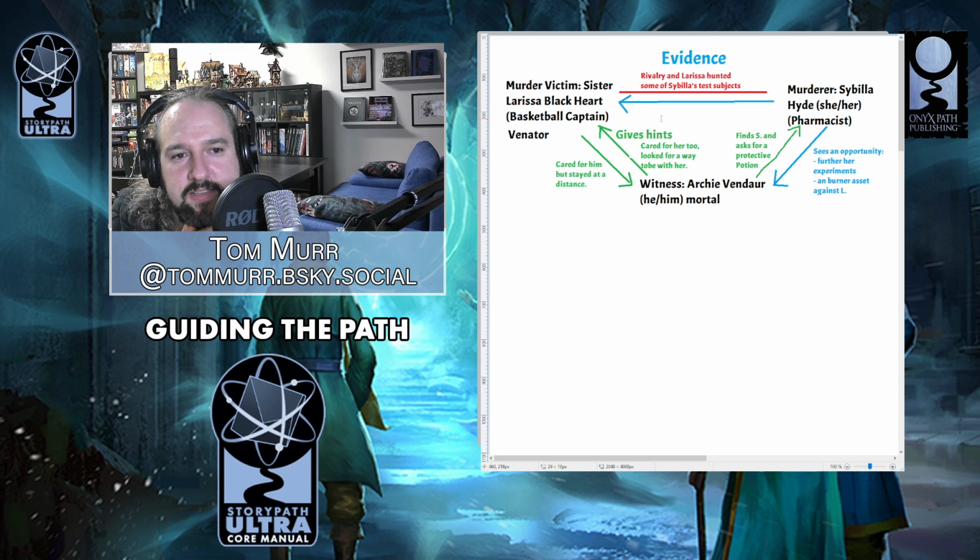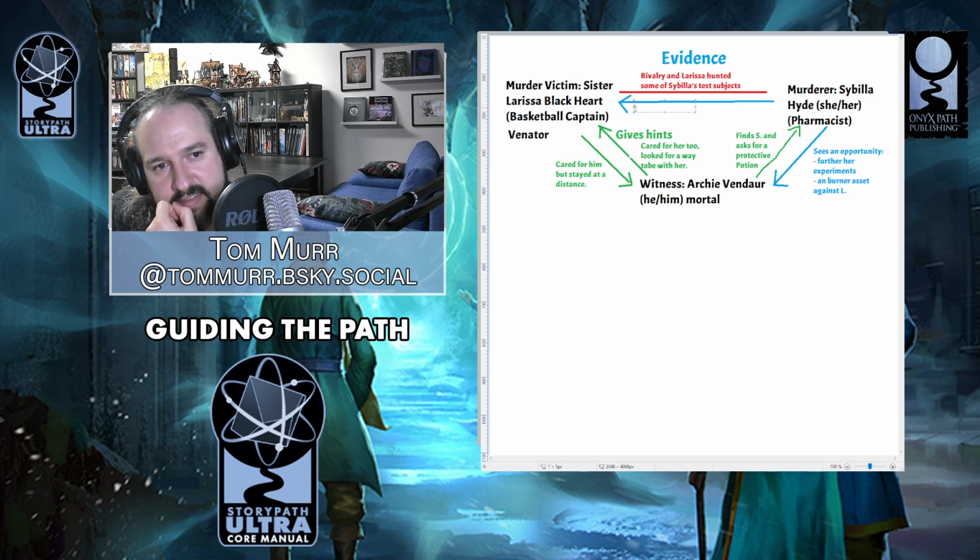She just lets the Venator hunt down any problematic test subjects, as the cleanup crew.